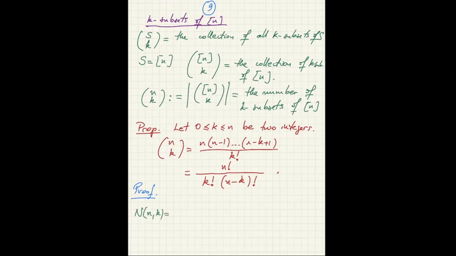Let's define this parameter as the number of k ordered, it's not quite the right name, subsets of n, k ordered tuples, distinct tuples of n. So let's just give some examples, maybe on the next page.